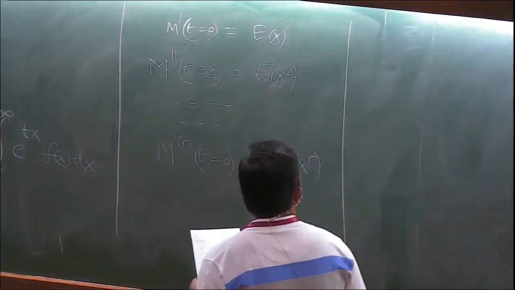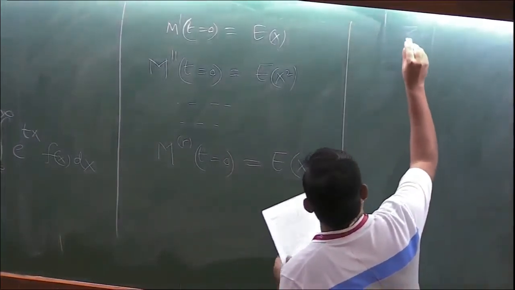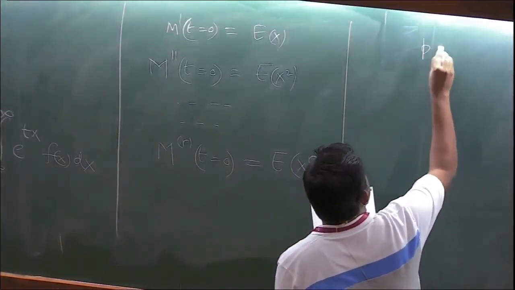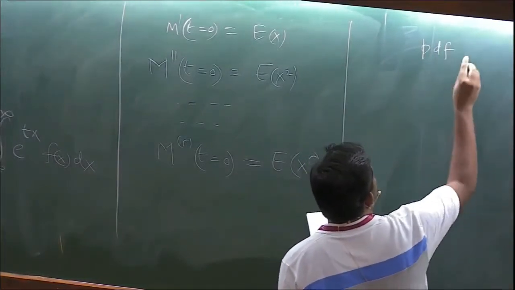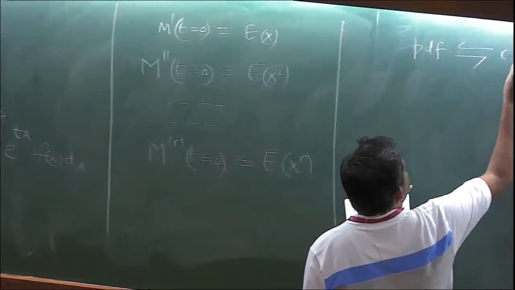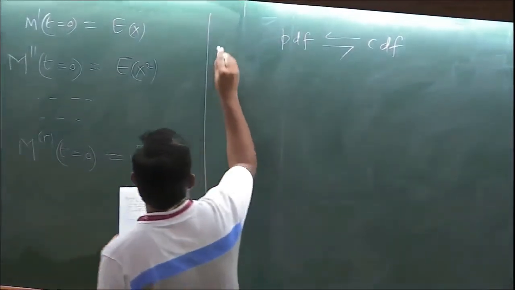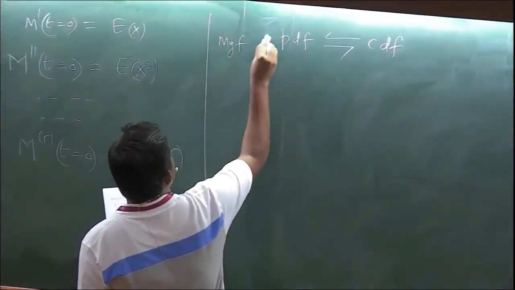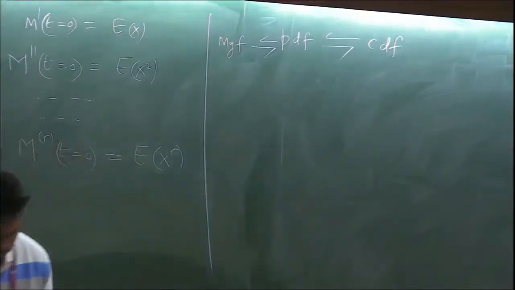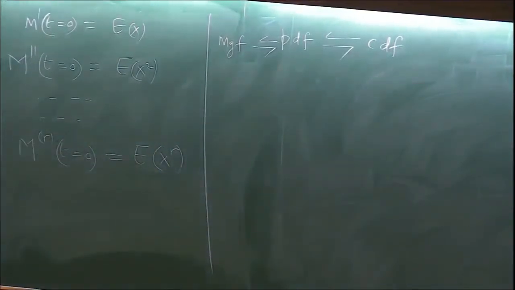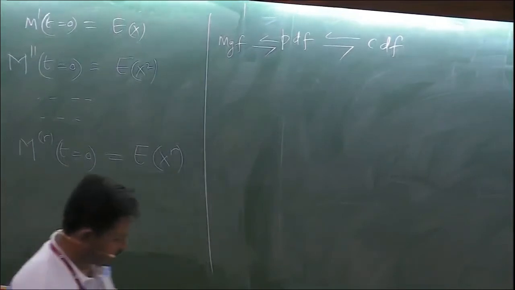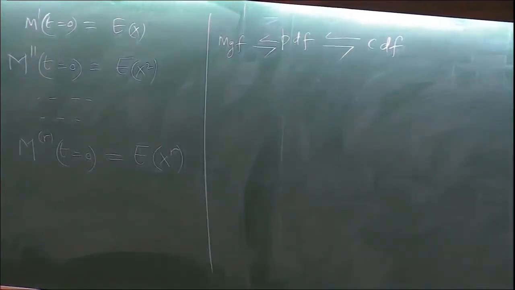If you know the probability density function, you can go back and forth between that and the cumulative distribution function. But there's also this: if you know the moment generating function, you can go back and forth between the other two, if the moment generating function exists in an interval near 0.